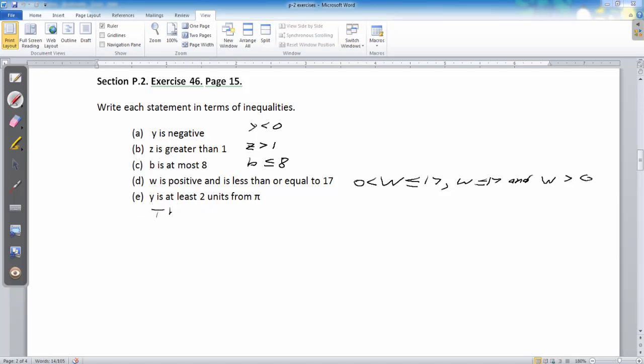The distance between y and pi is at least 2.